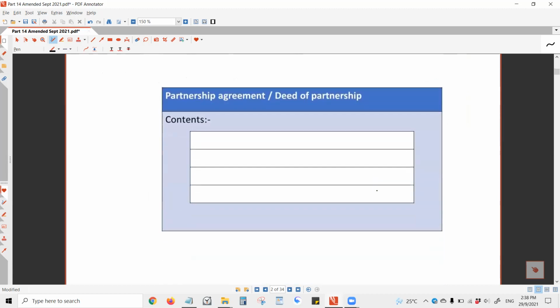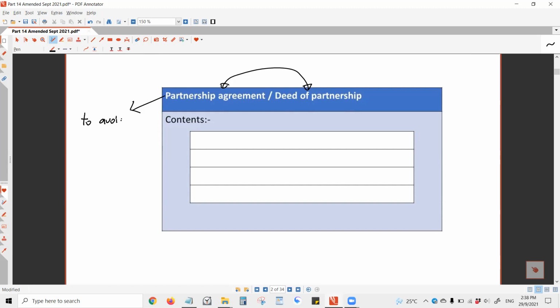Now this is important. Partnership agreement. A partnership agreement is also known as a deed of partnership. A very common theory question in the exam is they ask you why you need to have a partnership agreement, or what is the purpose of having a partnership agreement, and you must know what to write for this.